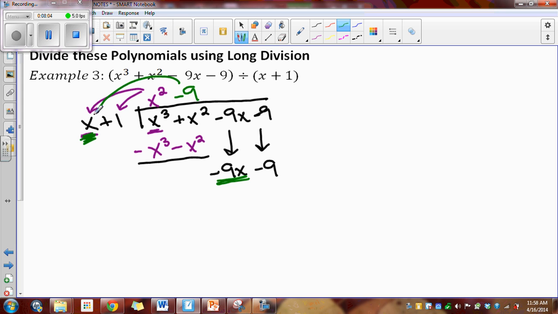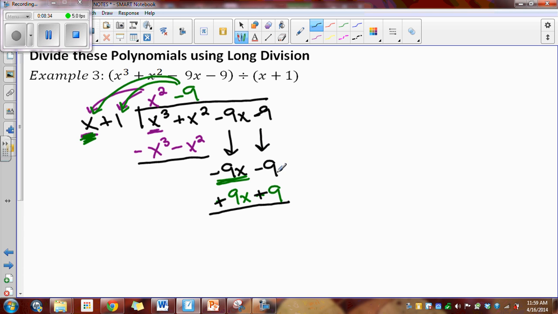So when we distribute back out, negative 9 times x is negative 9x. And negative 9 times a plus 1 is negative 9. But remember, we want to subtract them. And since these terms were already negative, then we just switch the signs, so make them both positives.